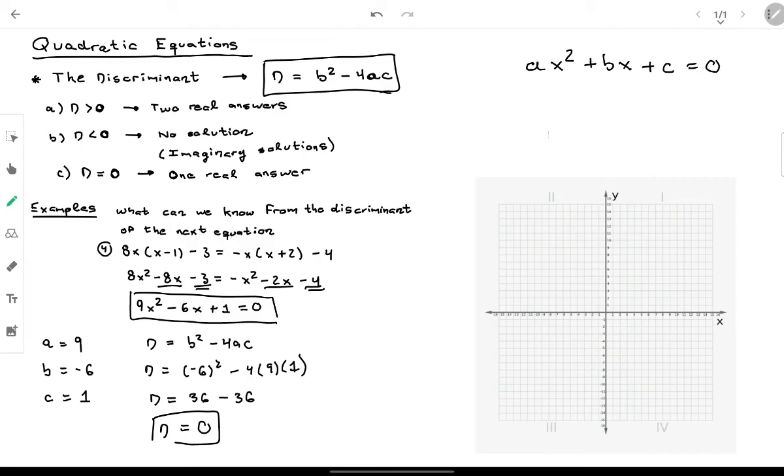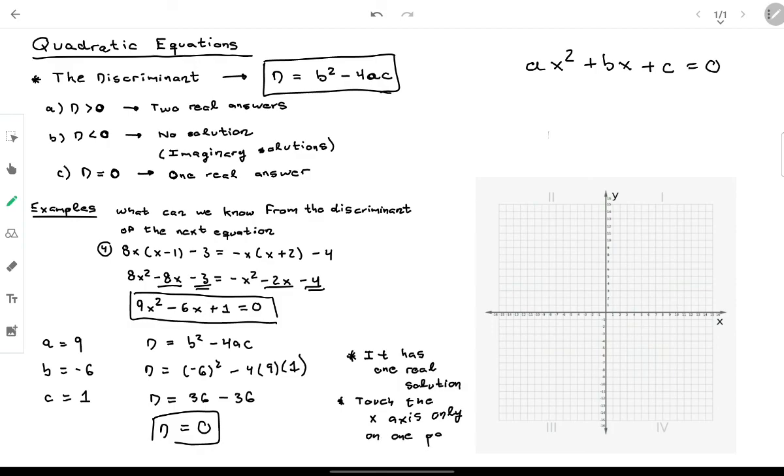So what happens when the discriminant equals exactly 0? That means it has only one solution. It has one real solution. And we can say also that it will touch the x-axis only on one point.